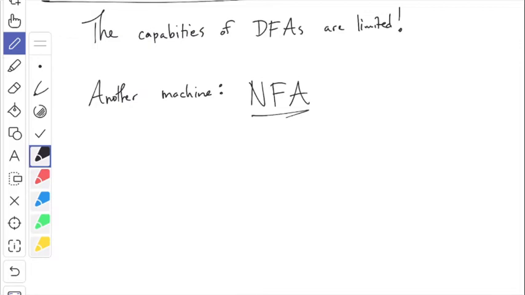What this stands for is non-deterministic finite automaton. DFA stands for deterministic finite automaton. NFA stands for non-deterministic finite automaton.